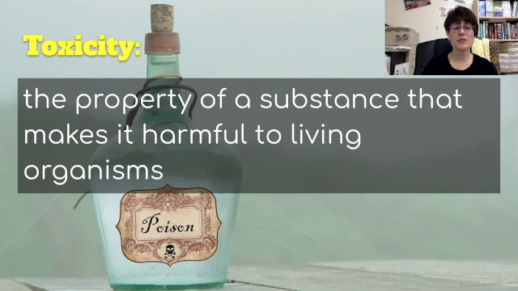Other things we have to dispose of in a proper manner, because if we put it down the sink, it will get into our water systems and it's toxic to the organisms in our water systems. And if it gets into our water supply, it could be toxic to us as well. So, toxicity is an important thing to understand.